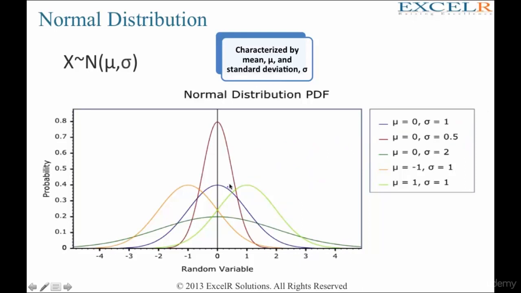In comparison to the original curve, if you let your standard deviation remain as is, and you move your average in the negative direction, your curve would move towards the left side, and that is given using this orange curve.